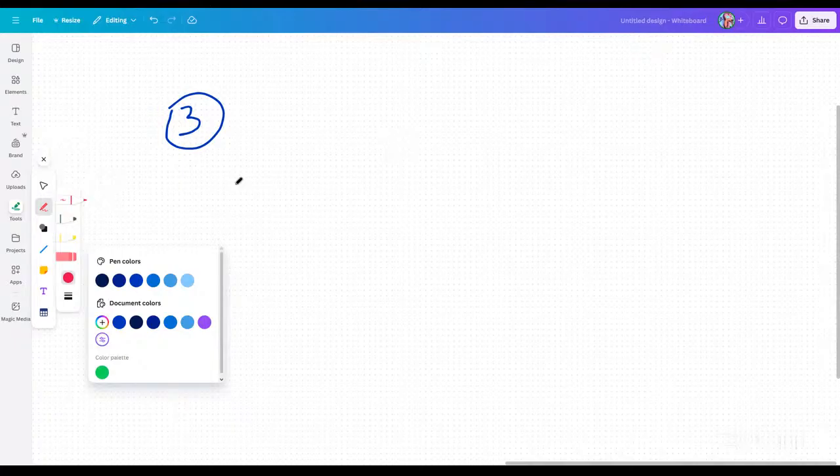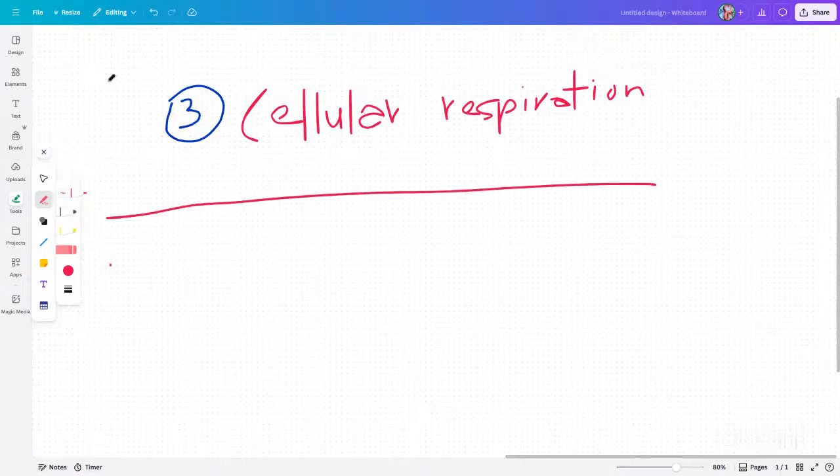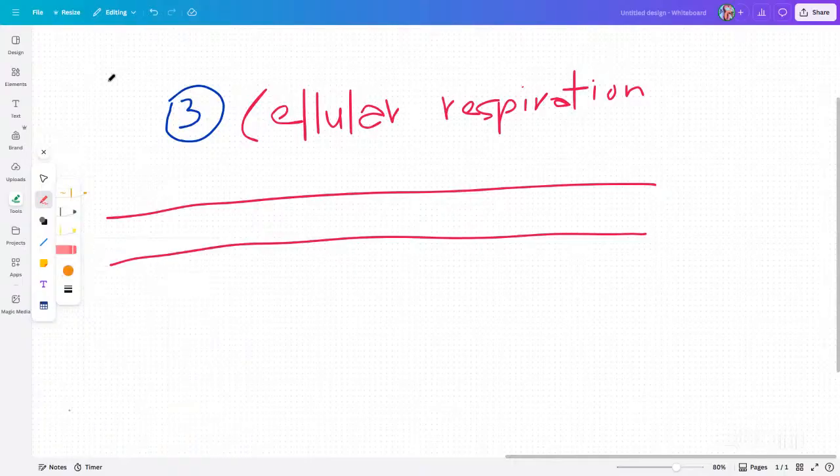Right. So now we have cellular respiration. Okay. So now here what happens is, now we have the blood capillary that is coming. And these are going to be the cells.